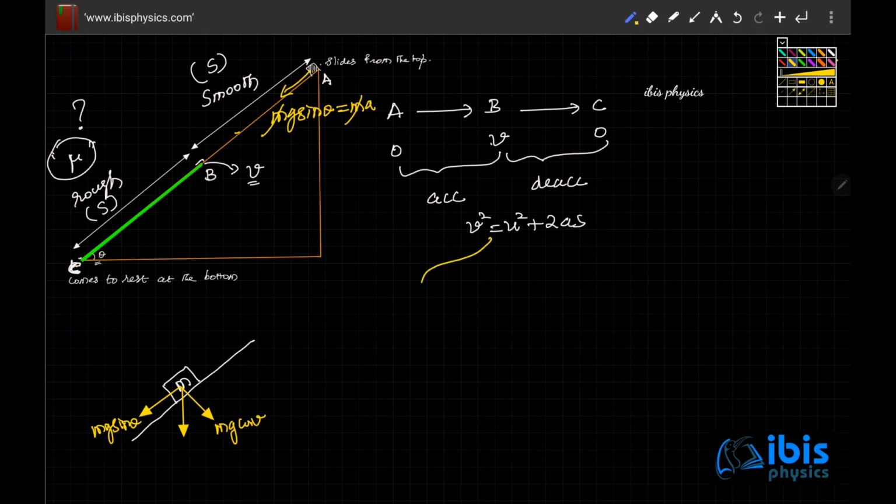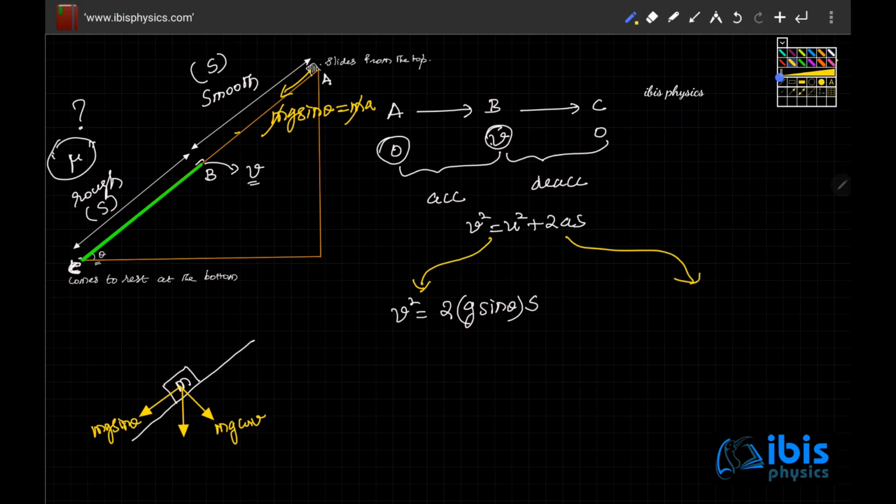Hence, for the first part, it gains a velocity v at the end, and the initial velocity is 0. So v square equals 0 square plus 2 into g sine theta into s. Now look at the second part.